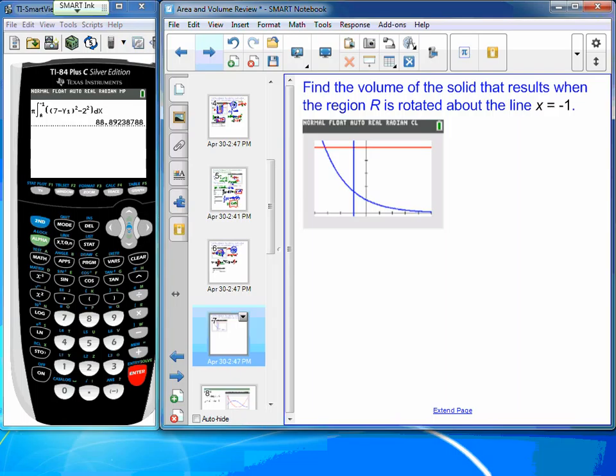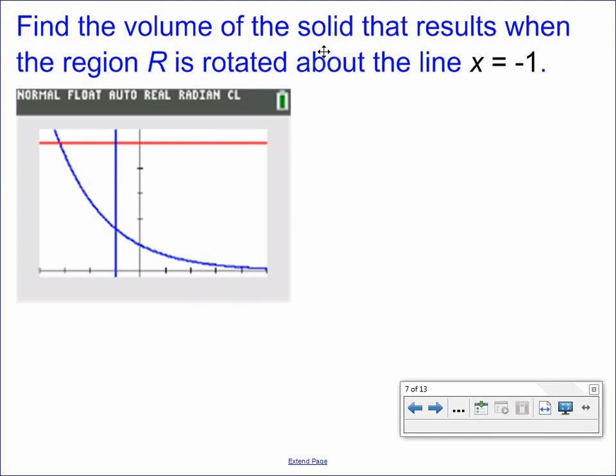What happens if we find the volume of the solid that results when the same region is rotated about the line x equals -1, right? x equals -1. So now we do our first volume where our axis of rotation is a vertical axis of rotation. So let's draw our turn arrow.